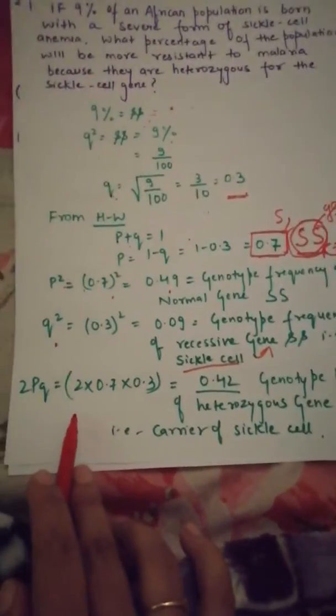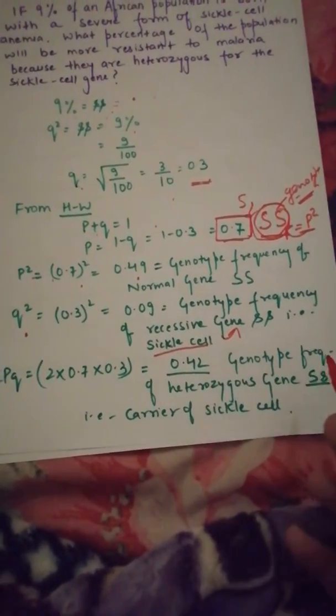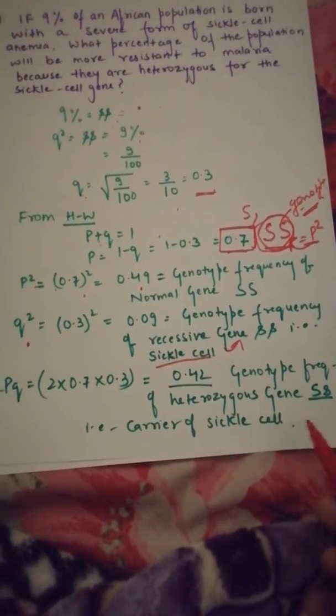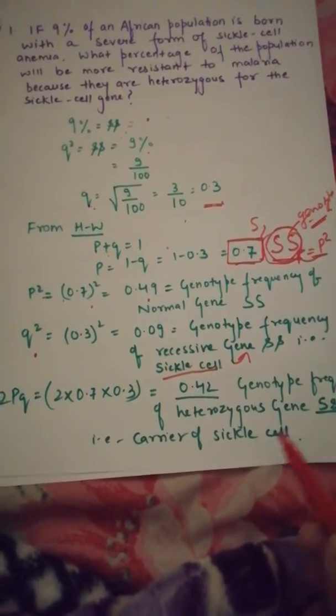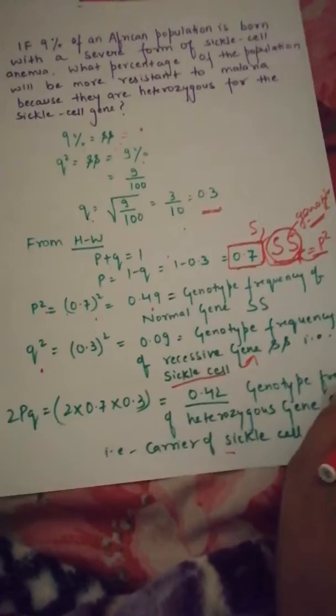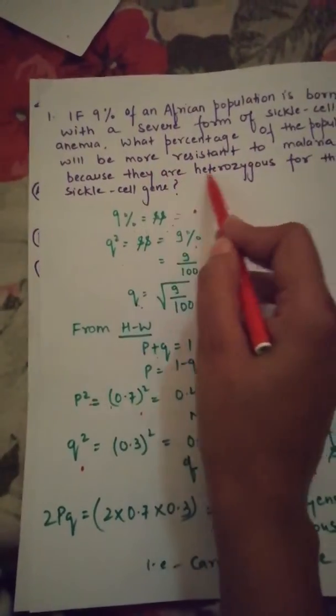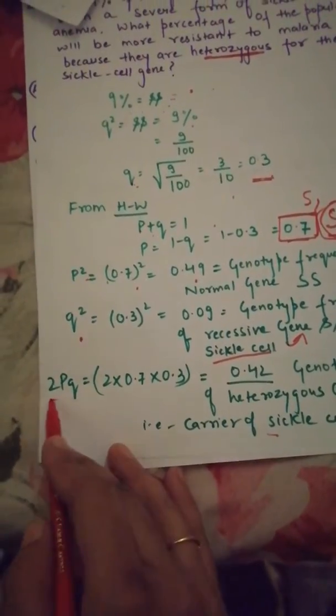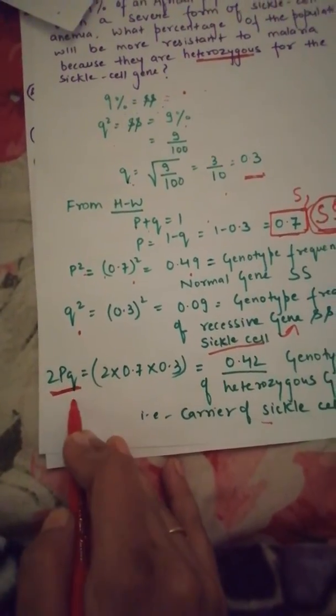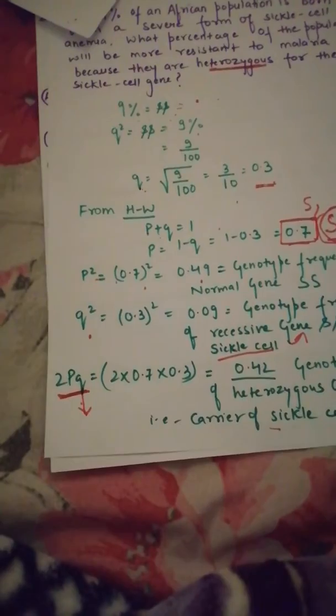Then 2pq is equal to 0.42, the genotype frequency of the heterozygous gene, that is the carrier of sickle cell. We have to find this heterozygous, and this is 2pq. 2pq is heterozygous. Next question.